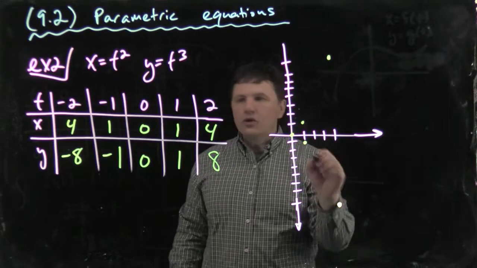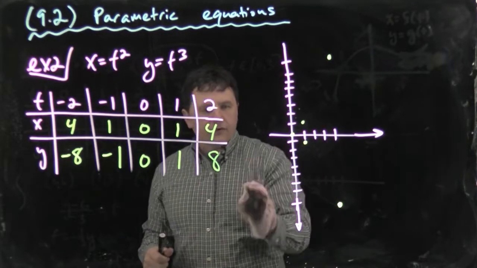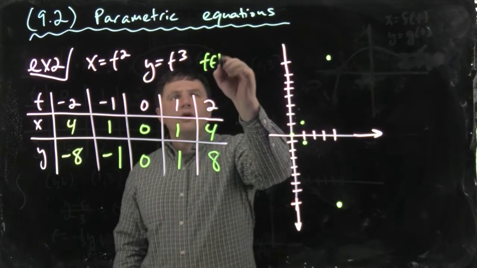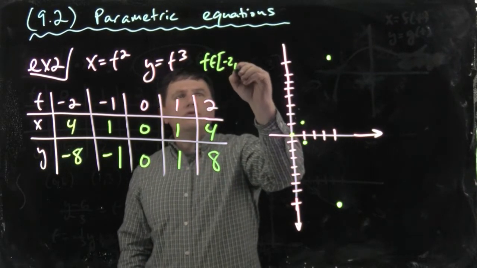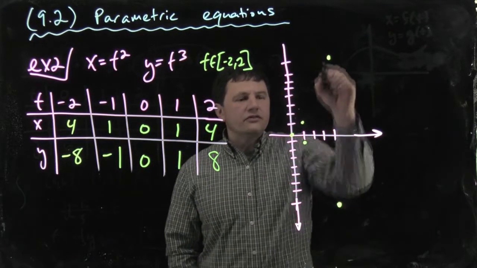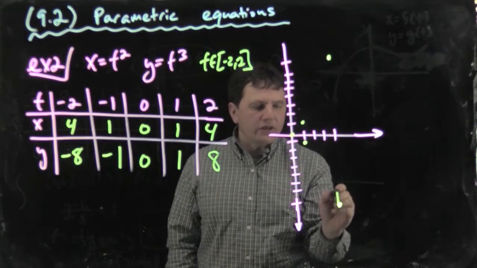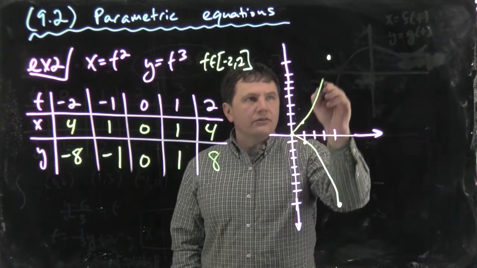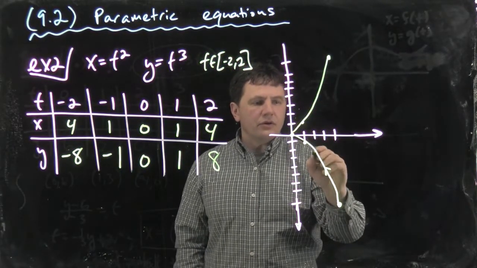If we're looking at t going from -2 to 2, this is our initial point, this is our terminal point, and notice we're going in this direction. So we're getting this curve, and then in the opposite direction. Okay, so there you go.